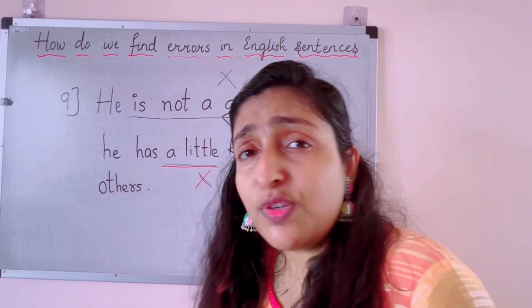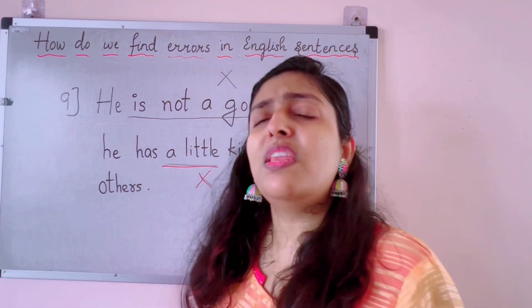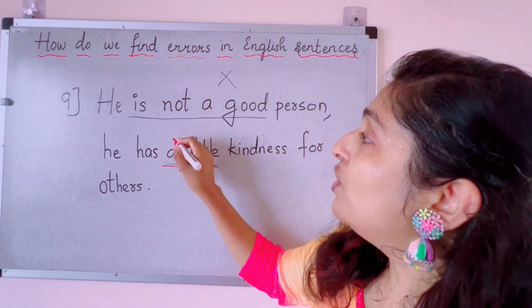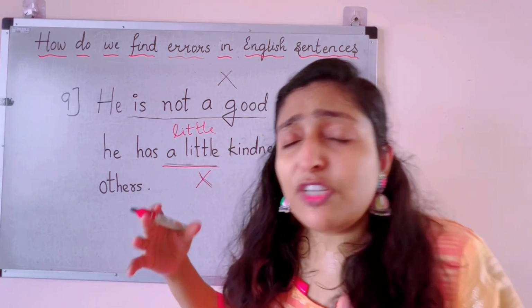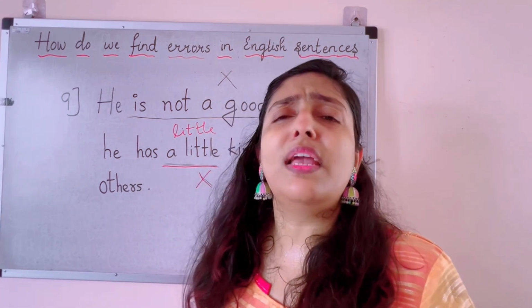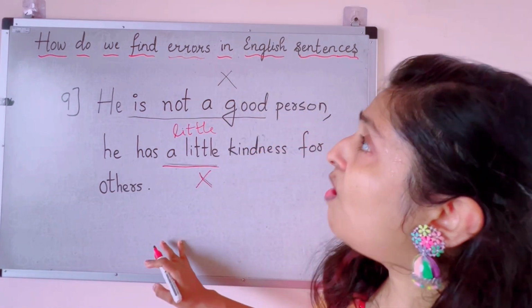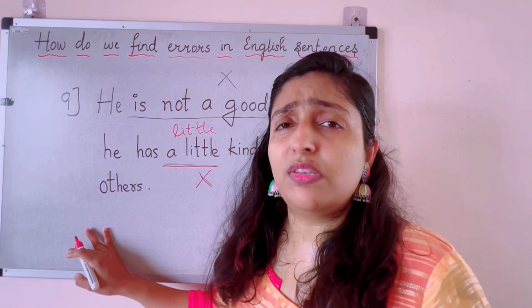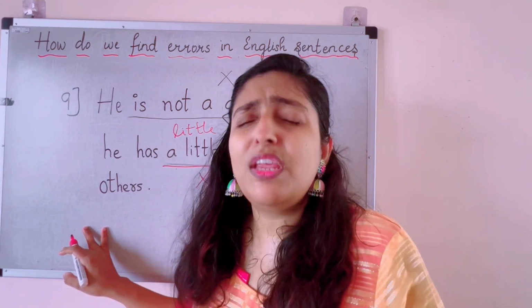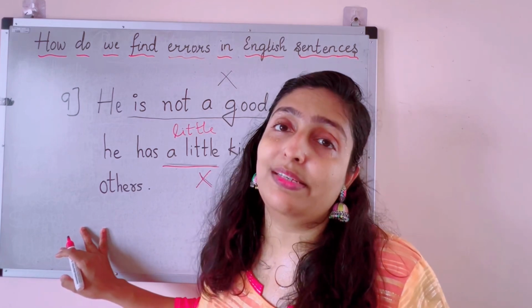If you are introducing something very negative in the beginning itself, then you need to say he has only little kindness, which means he hardly has any kindness. He is not a good person. He has little kindness for others, which means he has very minute kindness or hardly any kindness or no kindness.